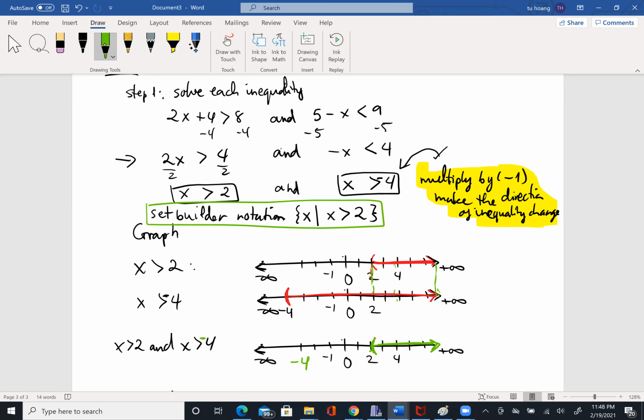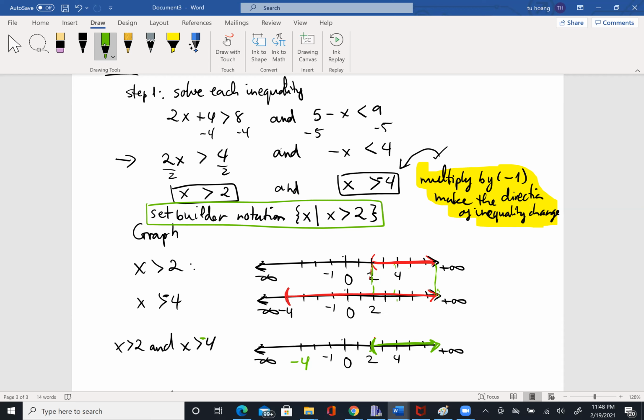Because when you intersect two of these compound inequalities with an and, you know that x greater than 2 will intersect with x greater than -4 with just the part at x greater than 2.